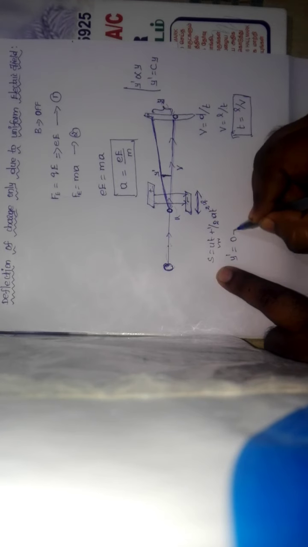Here, for the displacement, instead of s we replace it with y dash, equal to initial velocity 0, so this term is fully 0, plus half acceleration a, where the value of a is e by m, times t square, and the value of t square is L square by v square.